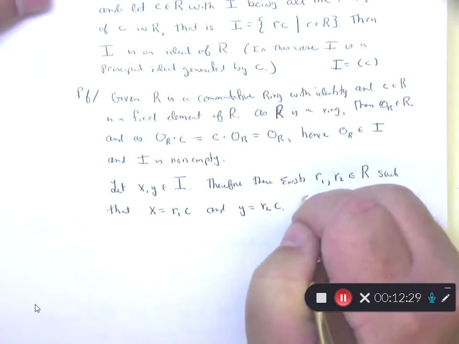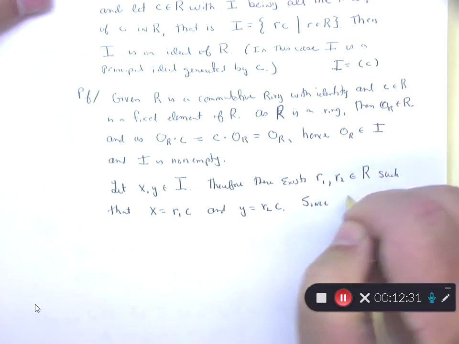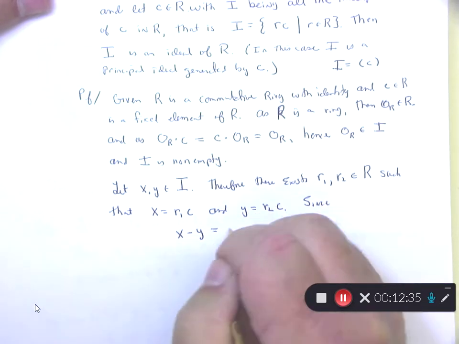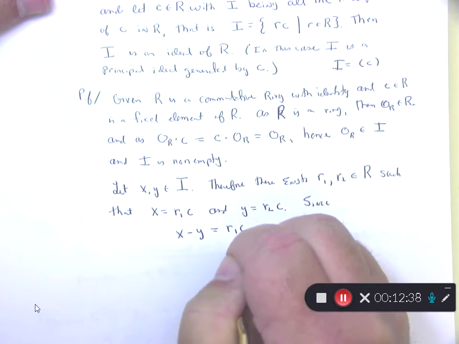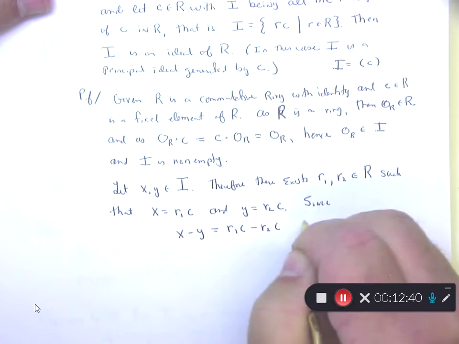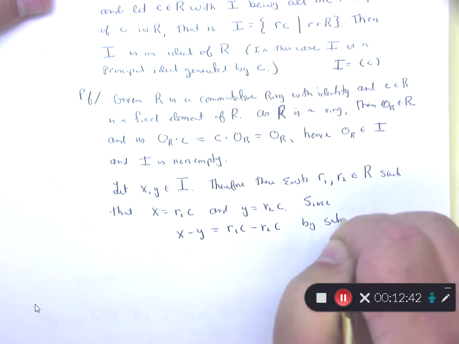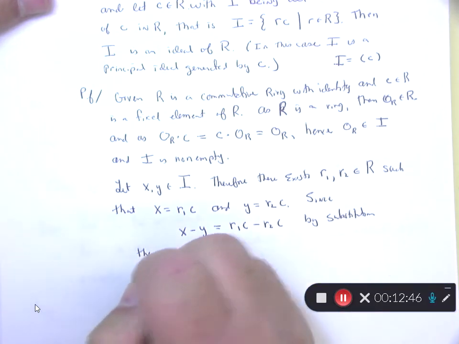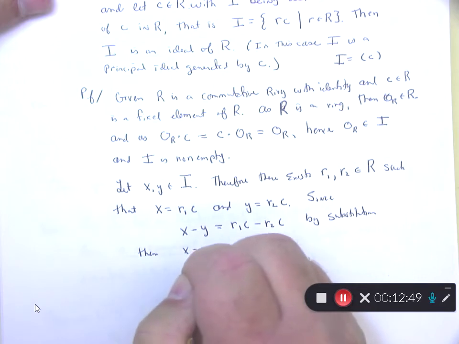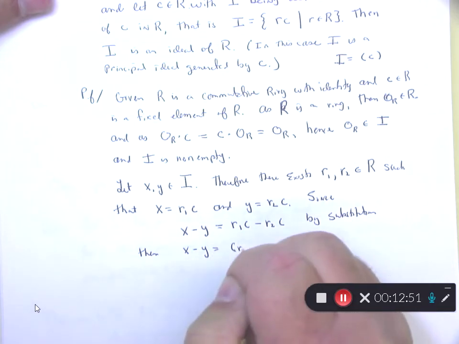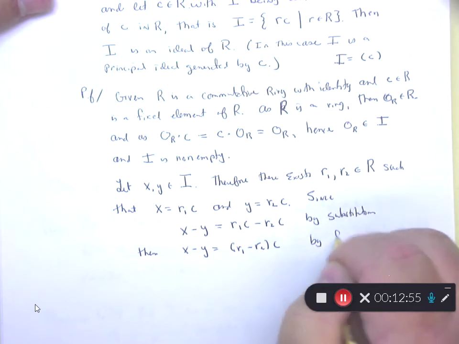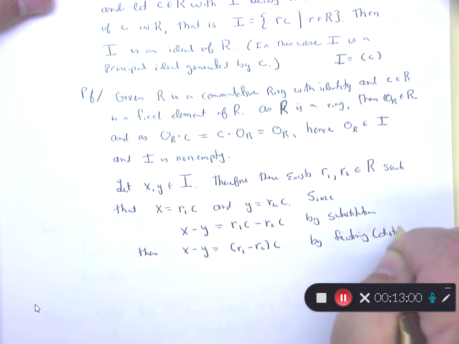Well, since x minus y is equal to r1 times C minus r2 times C by substitution, then x minus y is equal to (r1 minus r2) times C by factoring. And the fancy word is the distributive property.